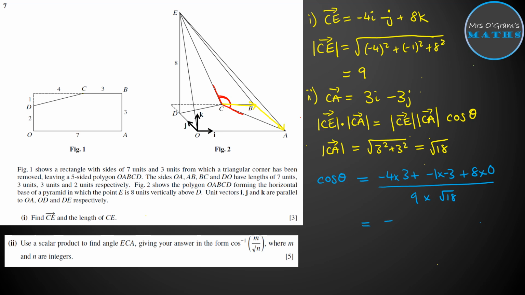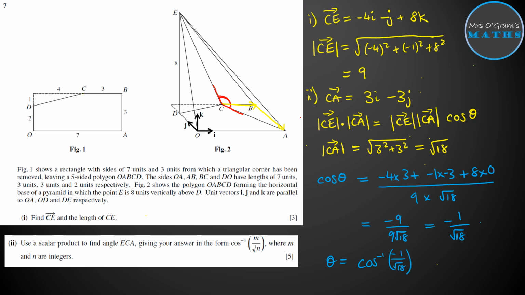That becomes minus 9 over 9 root 18, or minus 1 over root 18. So theta is the inverse cos of minus 1 over root 18.